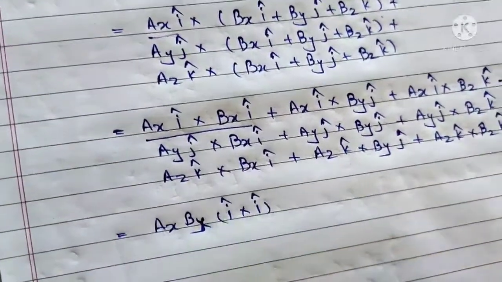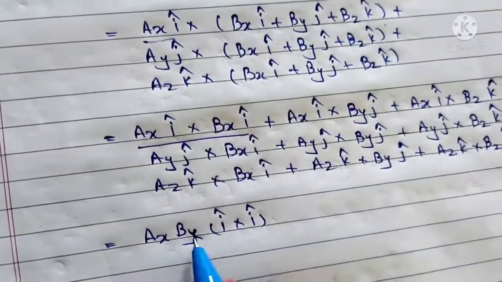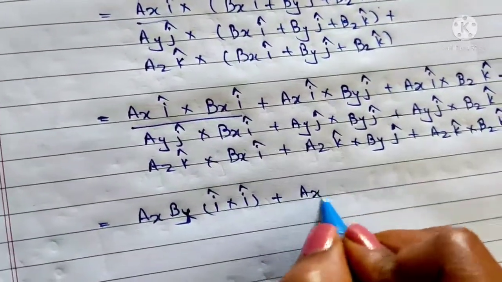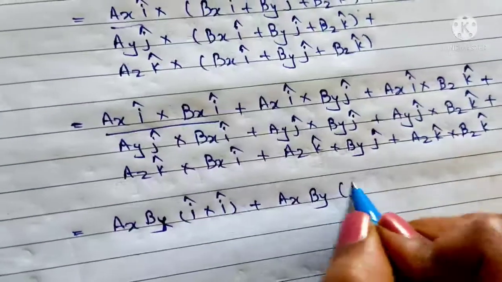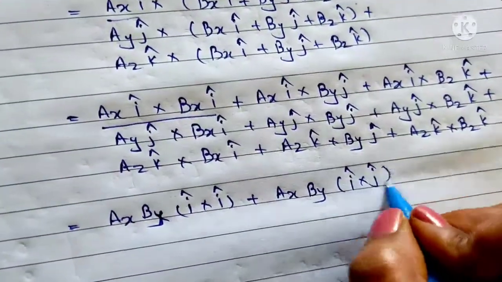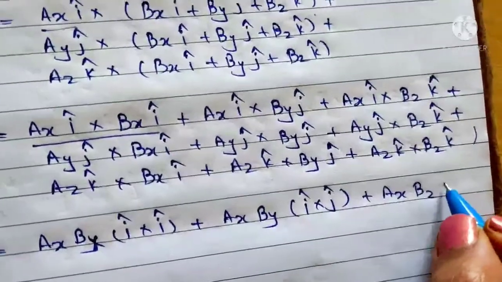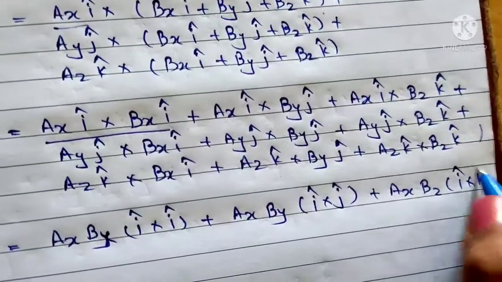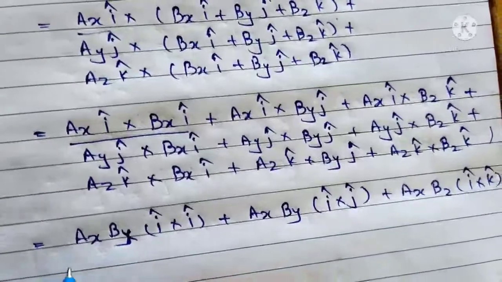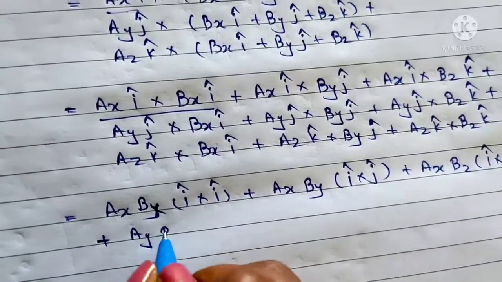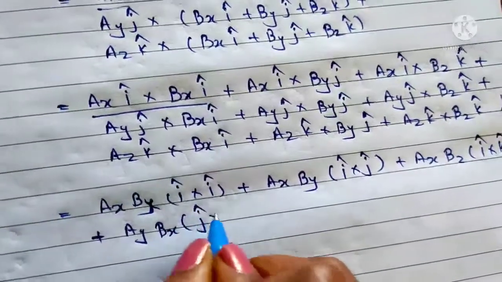So write this term as ax bx into i cap cross i cap, and similarly ax by i cap cross j cap plus ax bz into i cap cross k cap. Then the second line can be written as ay bx j cap cross i cap.